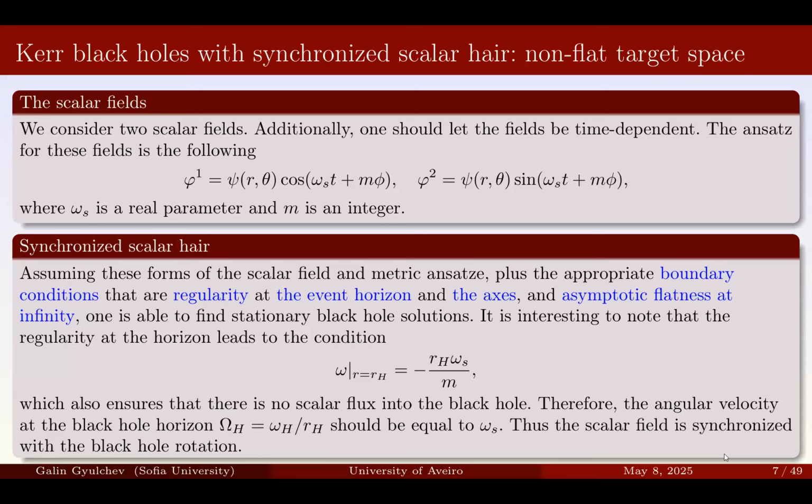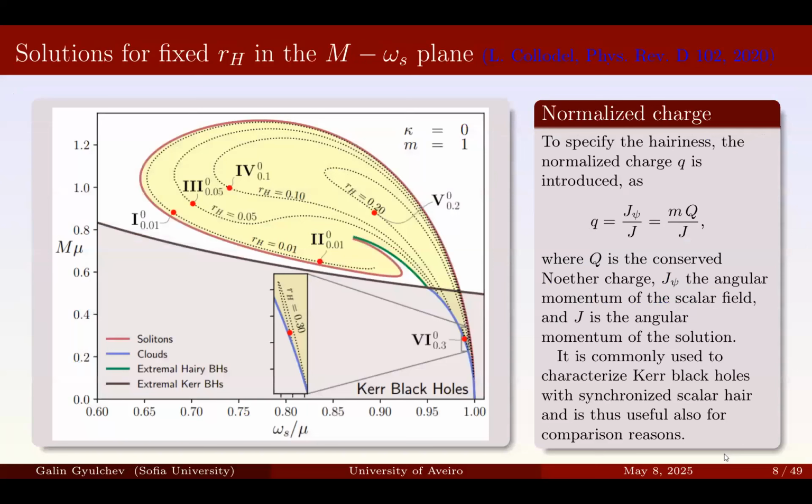In this way, we believe that this scalar field is synchronized with the black hole itself. So we finally obtain that the frequency of the rotating horizon is directly related to the frequency of the oscillations in this form. This solution which we are going to examine can be considered in this well area.